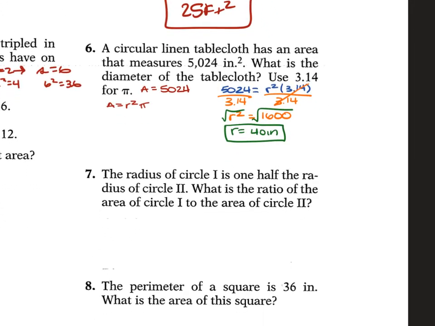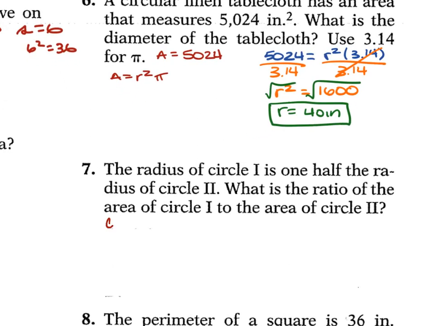For 7, we have the radius of circle 1 is 1/2 the radius of circle 2. What is the ratio of the area of circle 1 to the area of circle 2? Well, let's just say that circle 1 has a radius of 2. That means that our area would be 2 squared times pi, so that's 4 pi.